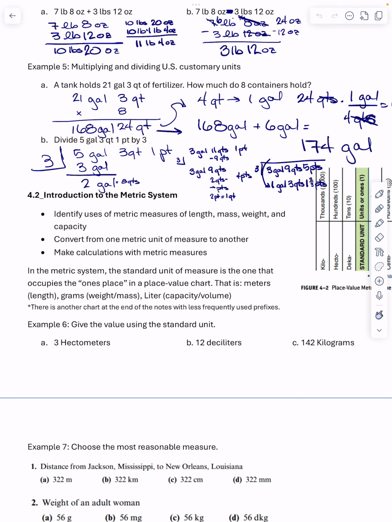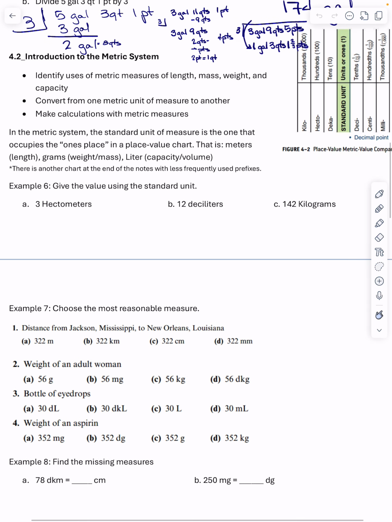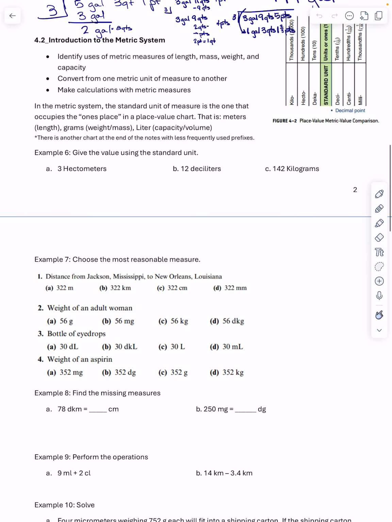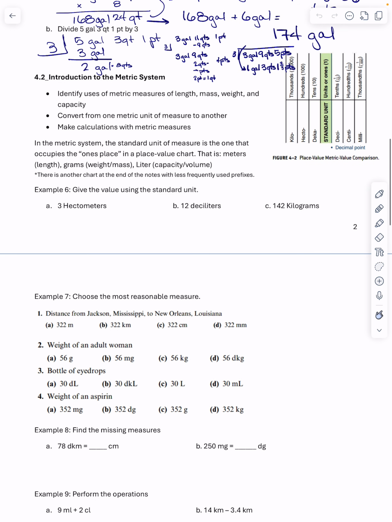It's different for everything. With the metric system, it's not. It's all base 10. So we have our standard unit. That's what would go in the ones place if we're looking at a place value chart.